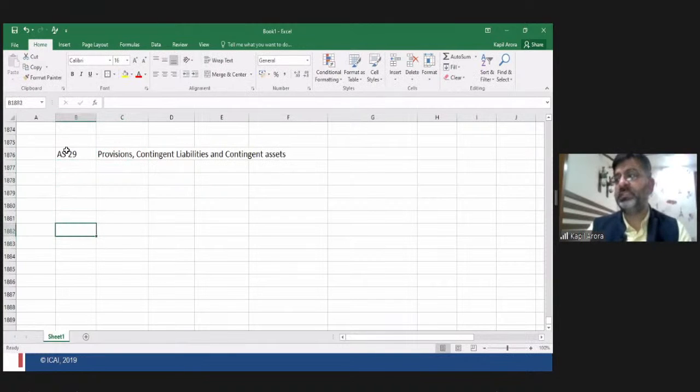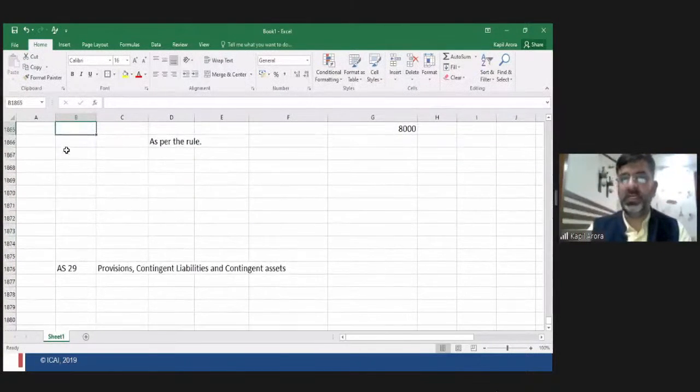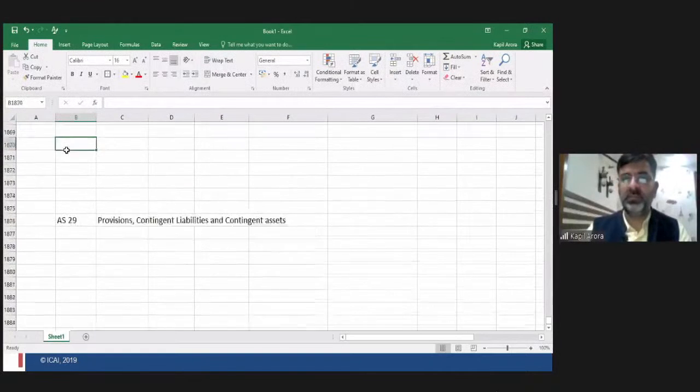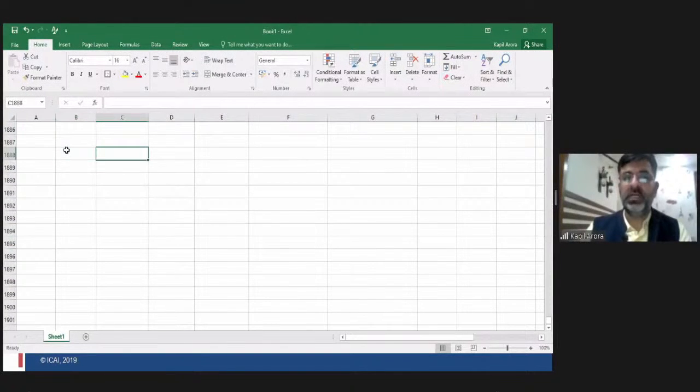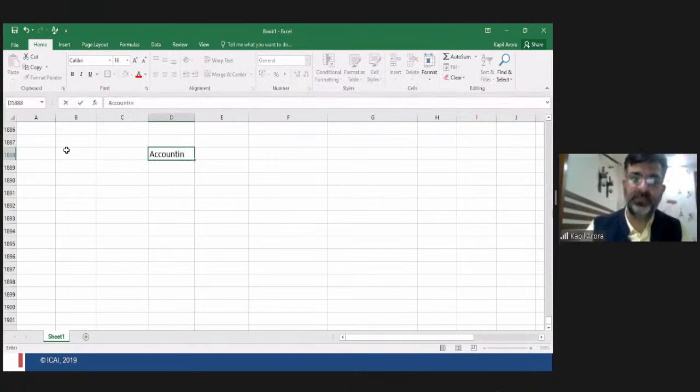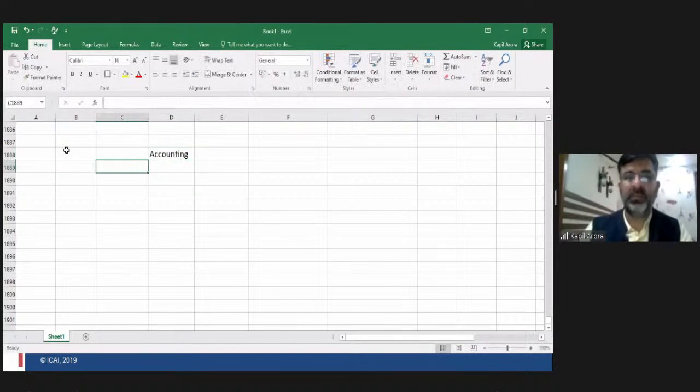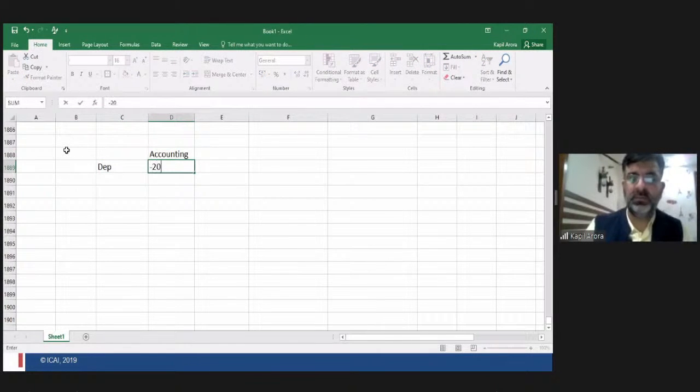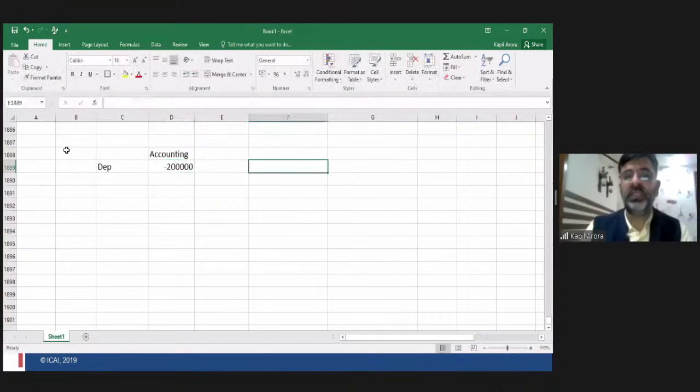So Prakash has the question. Let me explain this again. Prakash, we have discussed in accounting, there was a depreciation. Depreciation was 2 lakh. Income tax depreciation was 5 lakh. It means tax allowed me extra depreciation.